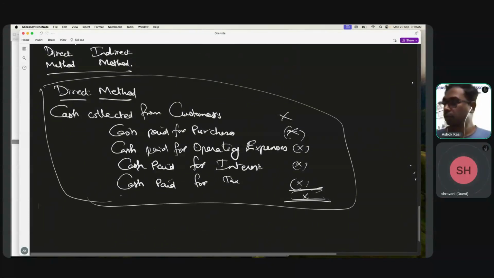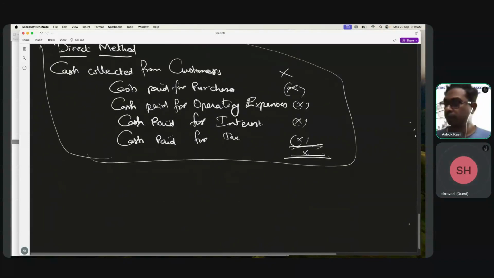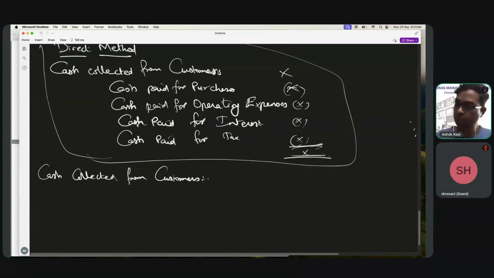Now further, how can I elaborate this format? Cash collected from customers. The formula is sales.